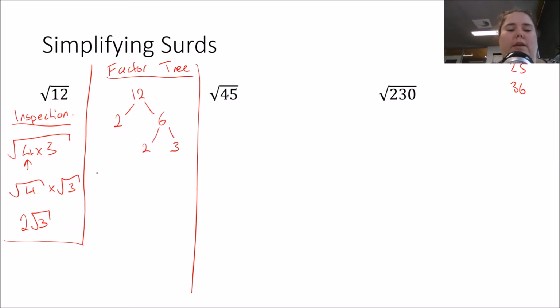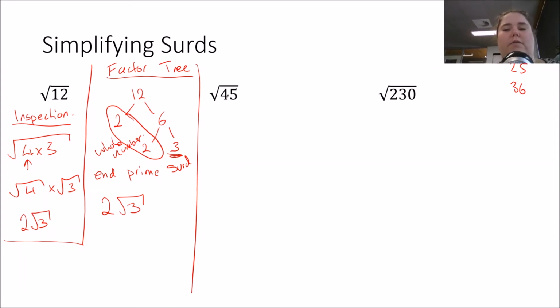So you want all the ends of your tree to be prime. So 2, 2, and 3, all prime numbers. Perfect. Then what we do is your pair is your whole number. And whatever's left by itself is your surd. So because I've got a pair of 2's, that means 2 is my whole number. And then I have the 3 by itself, so it becomes root 3.